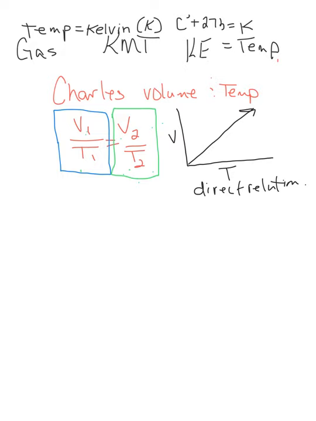Okay, all right, so to go a little bit further into Charles' law, you've seen all of these happen in action. A really good one that a lot of people can relate to is a balloon in a hot car. So you go to a birthday party, you have a balloon, and it's in the car.